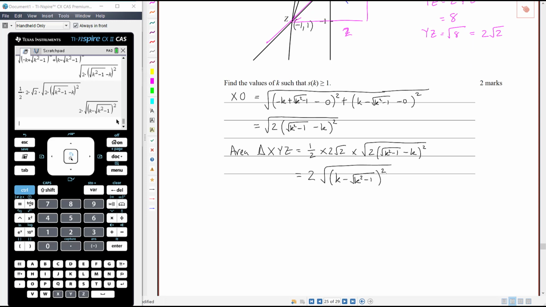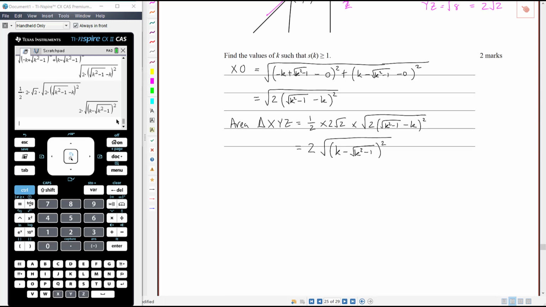Okay, so we actually get 2 times the square root of k minus square root of k squared minus 1, all squared. And so then S of k is the square of the area. So S of k is that squared, which means it's going to be 4 times k minus the square root of k squared minus 1, squared.